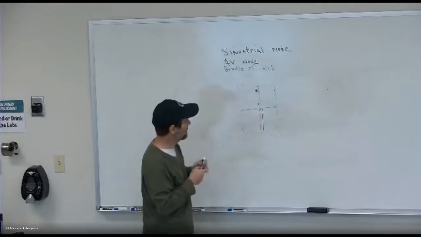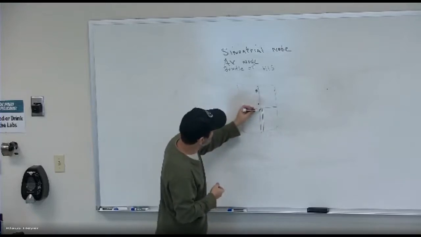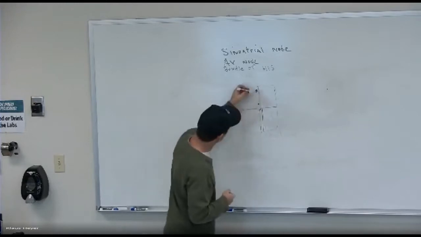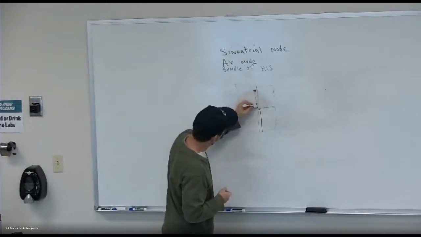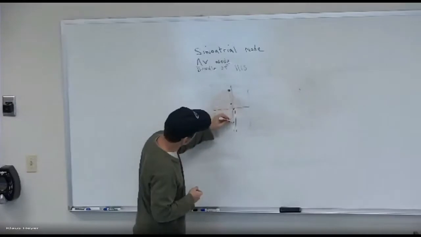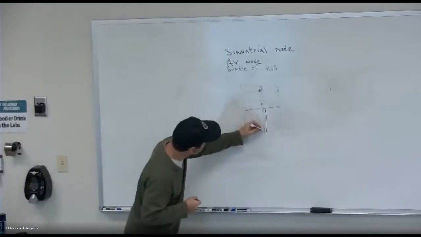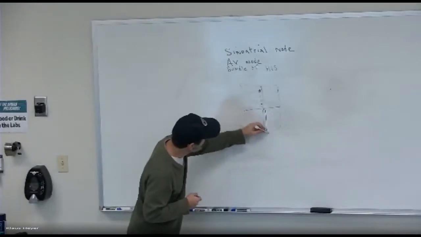Once it gets into the septum here, the ventricular septum, this action potential splits into two. I'm going to draw it in red. It's probably hard to see on camera, but I'm splitting it. It's going to split into two, and it's going to come around like this.